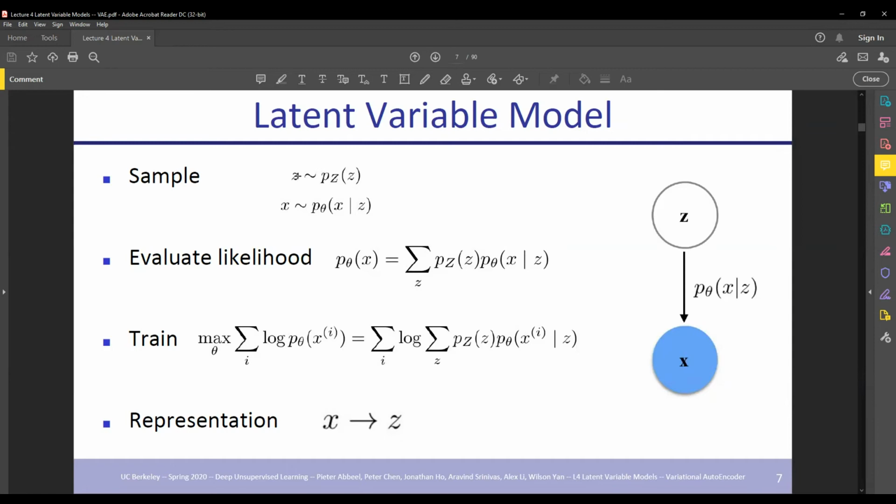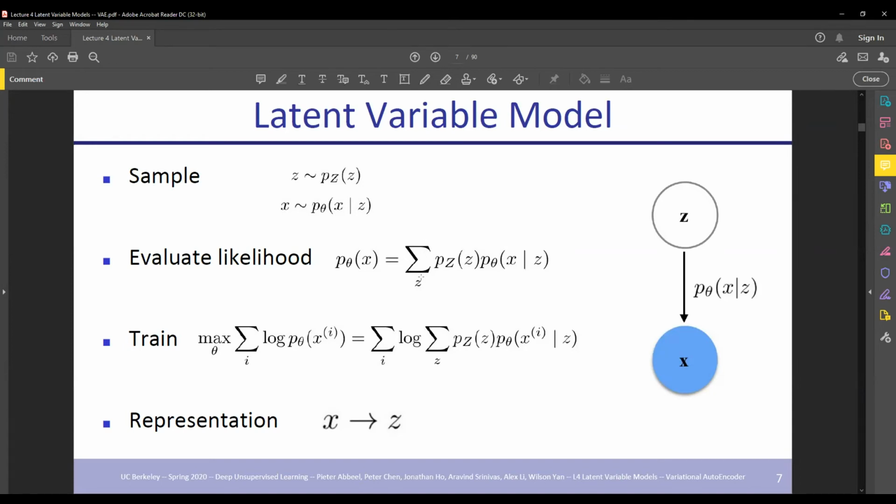This notation says Z is a random variable chosen from a probability distribution PV, and X is from P theta of X conditioned on Z. And this is basically a neural network: once you have samples, you generate X by going through a neural network. And the likelihood is evaluated for P theta of X, where here he assumes a discrete distribution, because this is a sum, but it could be an integral and it would become continuous.